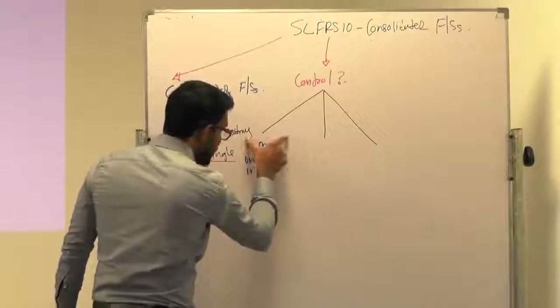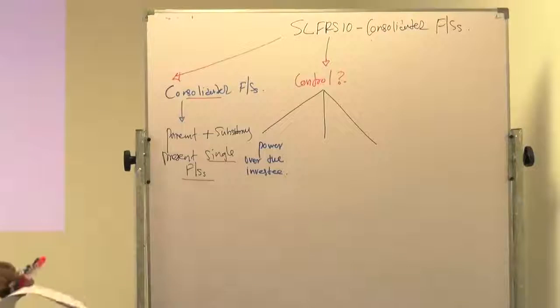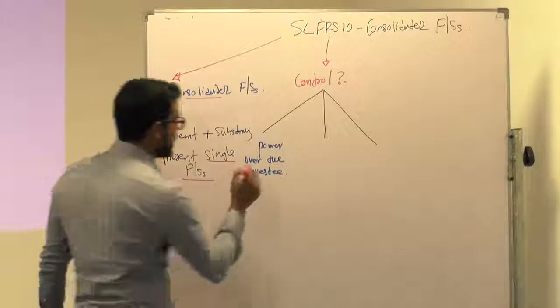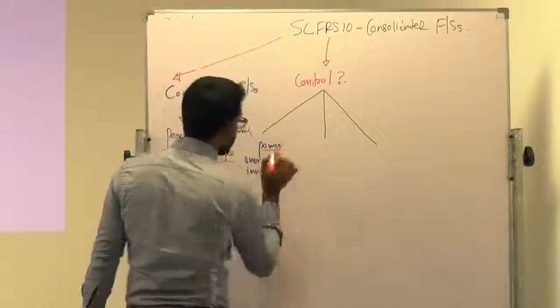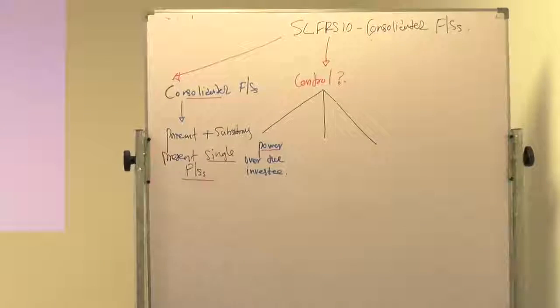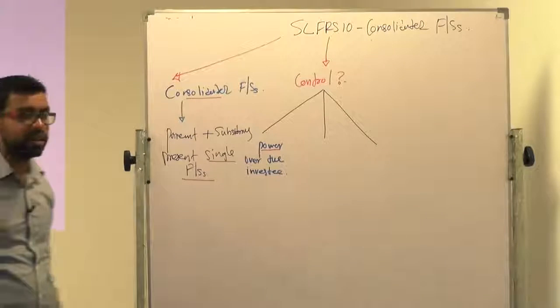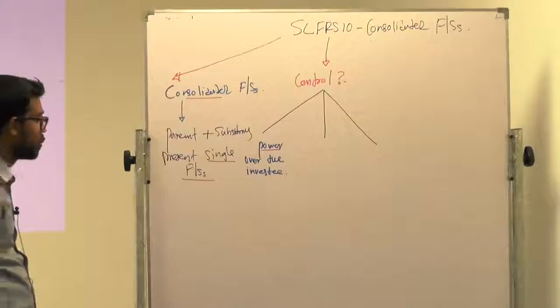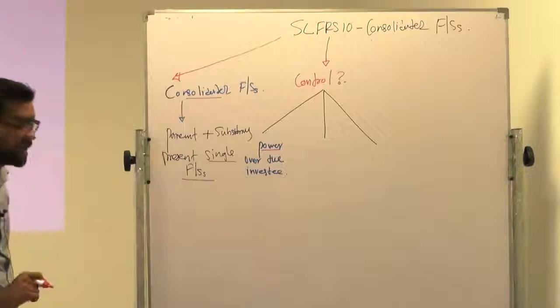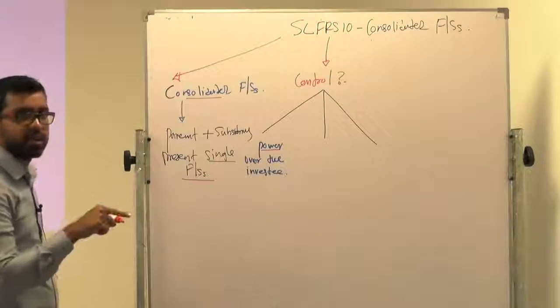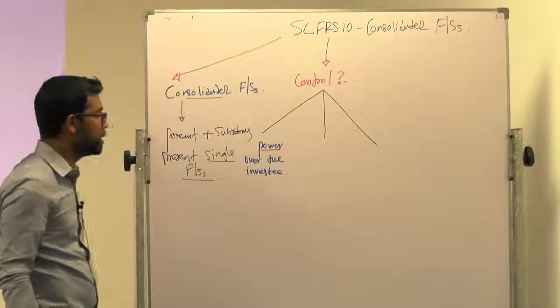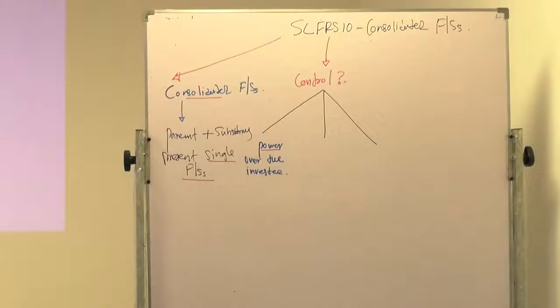When you define this power, there are factors to consider. This has been explained in the standard. We'll come to that later, don't worry. But for the time being, understand that to define control, the first requirement is power over the investee.